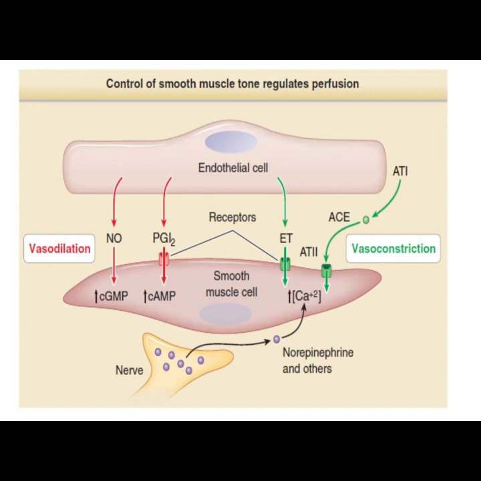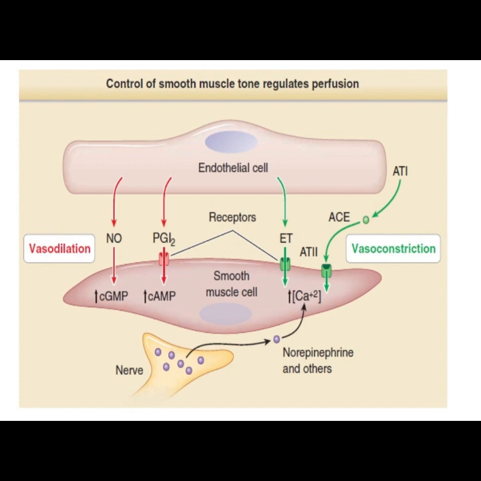Endothelial cells can also produce vasoconstrictors such as endothelin, ET, or, via the ectoenzyme angiotensin-converting enzyme, ACE, convert inactive angiotensin 1, AT1, to vasoactive angiotensin 2, AT2. Both ET and ATII signal through G-protein-coupled receptors to increase the level of cytosolic free calcium ion, increasing the degree of actomyosin contraction.